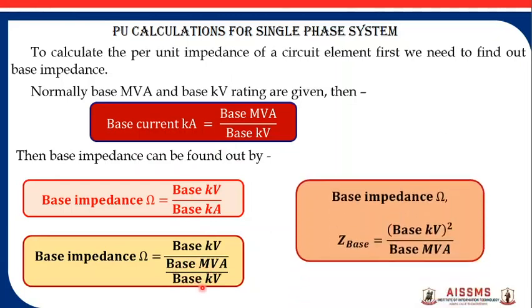From this I get the base impedance, Z base, equal to base kV square divided by base MVA. So by using this formula you get the base impedance, that is base kV square divided by base MVA.